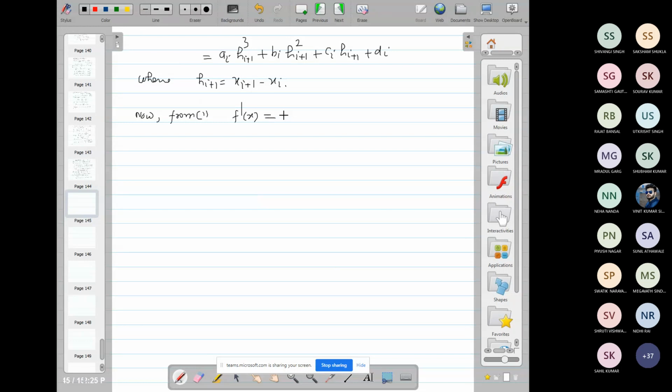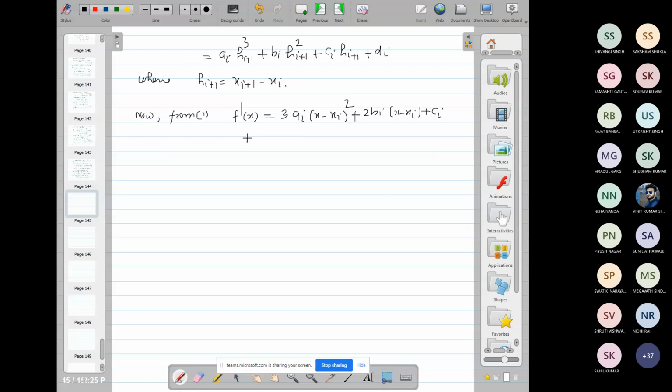So this will be 3ai (x minus xi) square plus 2bi (x minus xi) plus ci, and derivative with respect to x. We obtain this equation.